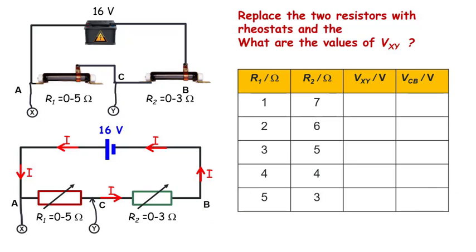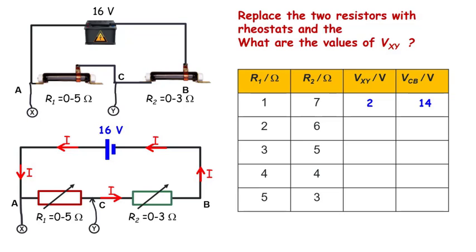For the first row, the ratio of R1 to R2 is 1:7. Hence, the ratio of VXY to VCB should also be 1:7. The total potential difference is 16, so we have 2 and 14.